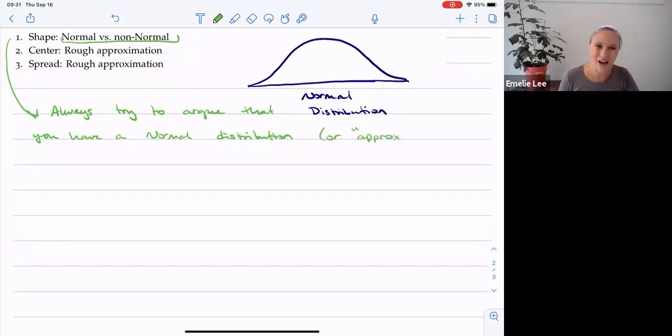That's usually how I get away with it. I say, oh, it's approximately normal, right? It doesn't have to be perfectly normal, but it's approximately normal.